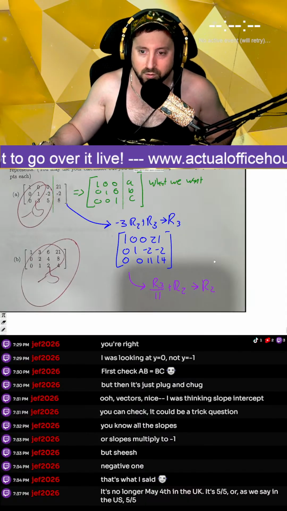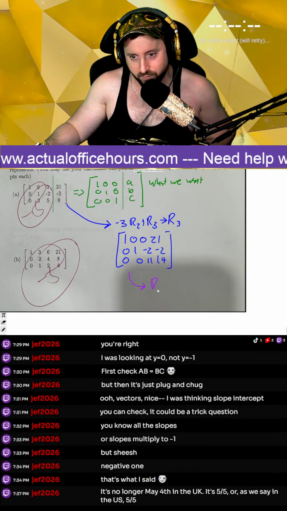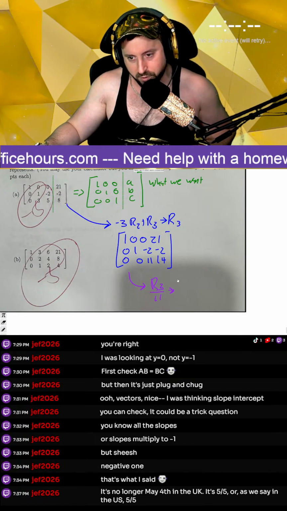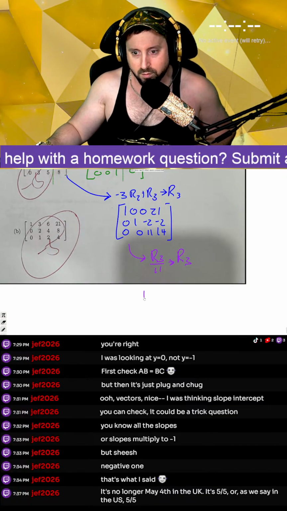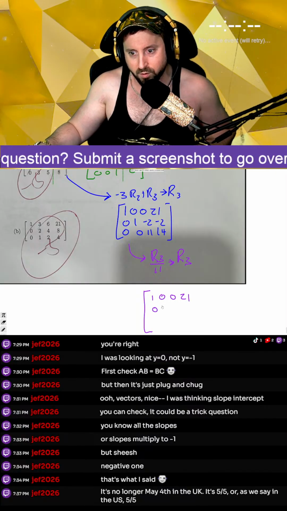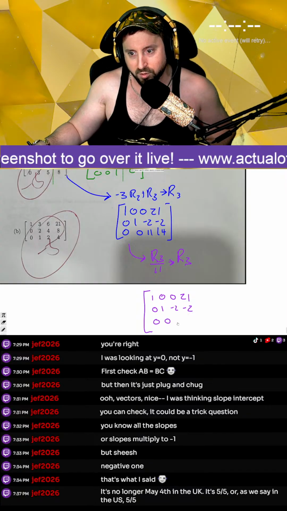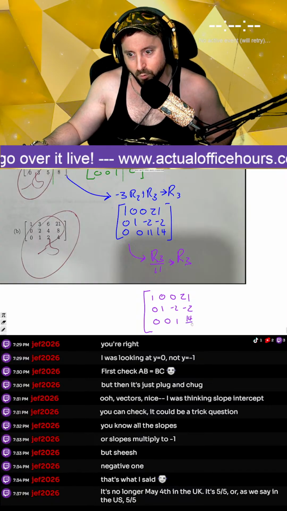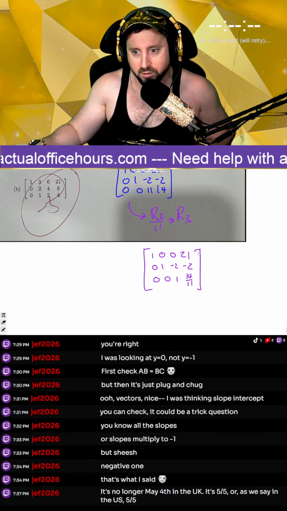Actually, I would do R3 divided by 11 equals R3 first. So now that you have 1, 0, 0, 21, 0, 1, negative 2, negative 2, and this is 0, 0, 1, 14 over 11, and then the final, it's the back substitution.